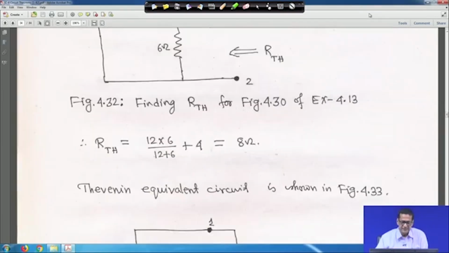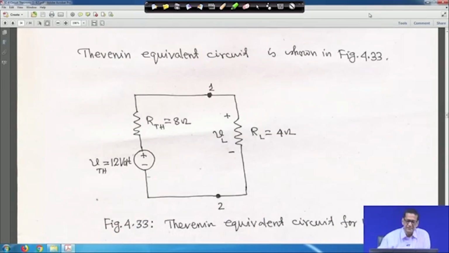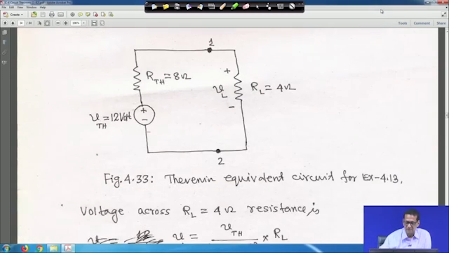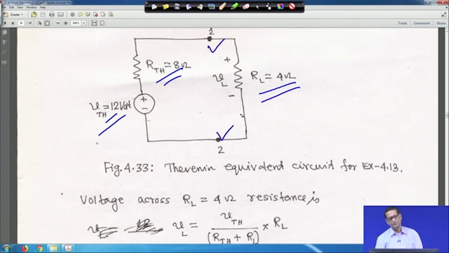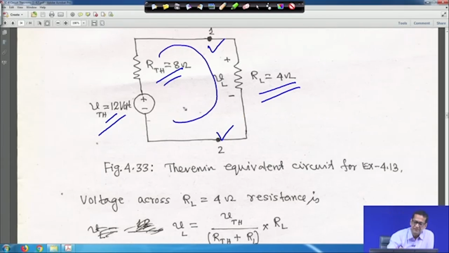So, next, this is your V Thevenin, with that R Thevenin is there in series, 8 ohm, and now you connect that RL is equal to 4 ohm resistance across terminal 1 and 2. If you do so, then you find out the current flowing through this. So, total resistance here is 8 ohm, here it is 4 ohm, 12 ohm.